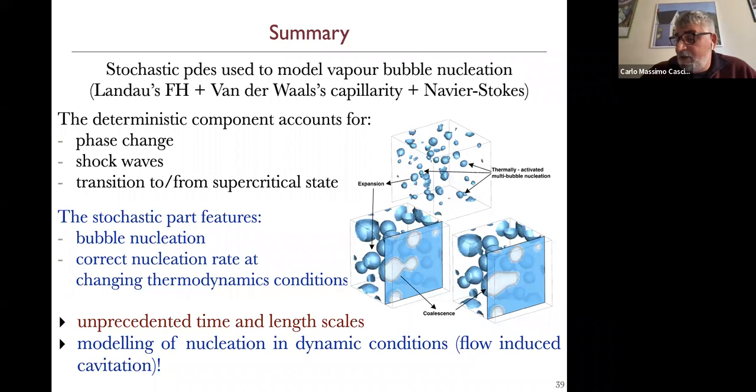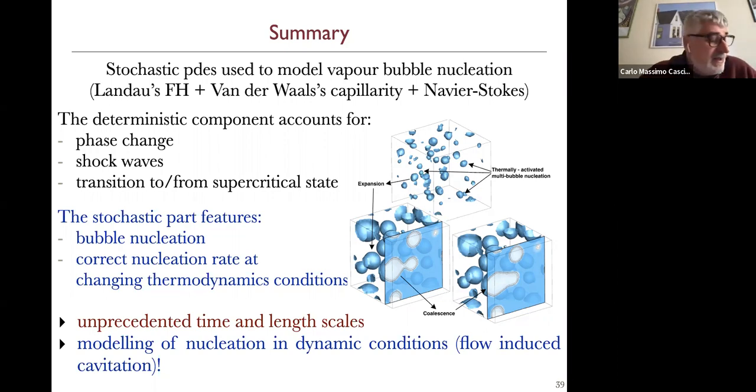During these very intense processes, you reach extremely high peaks of temperature and pressure. If you are in the presence of a wall which breaks the spherical symmetry, then you produce a strong jet which is responsible for the damage of the material.